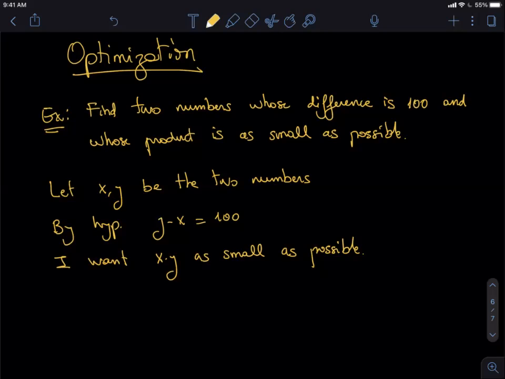Just by chance, you will never know because there are infinitely many choices, right? So that's one thing that this method we are going to see is also very useful, because when you find an optimal point, you know that's it, and there are no others. Or if there are others, you know all the possibilities. Anyway.